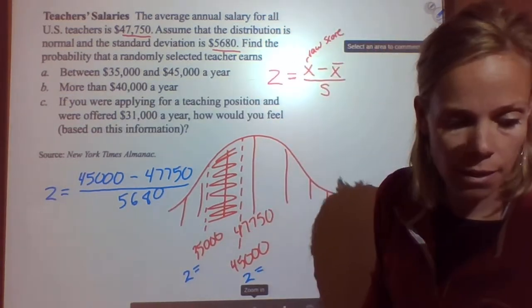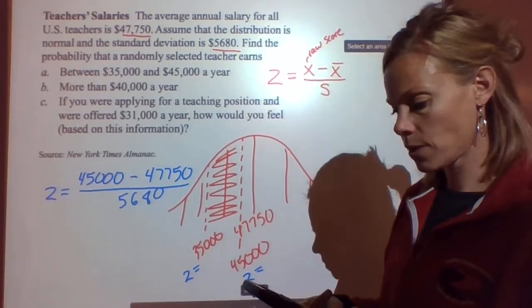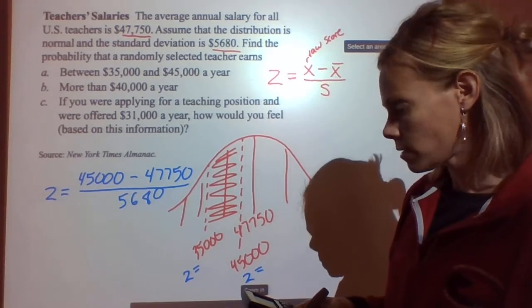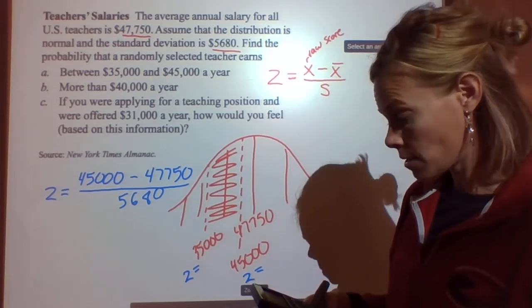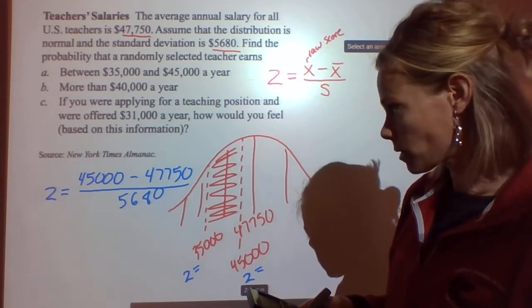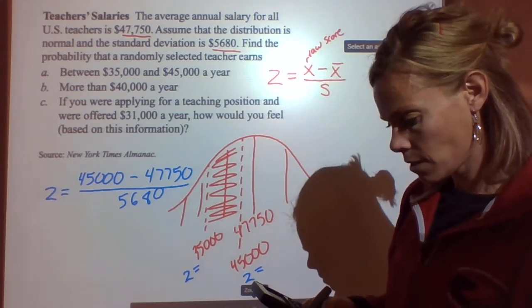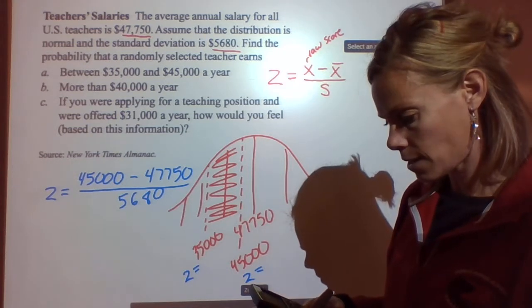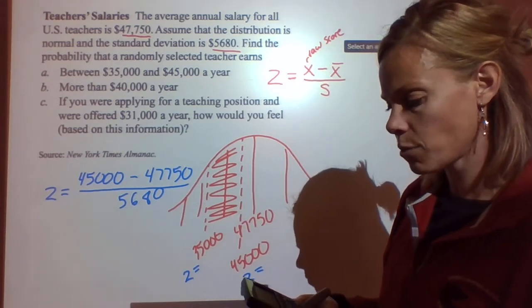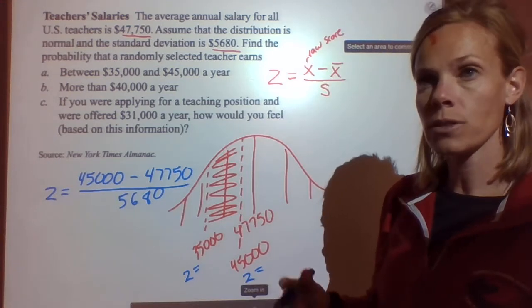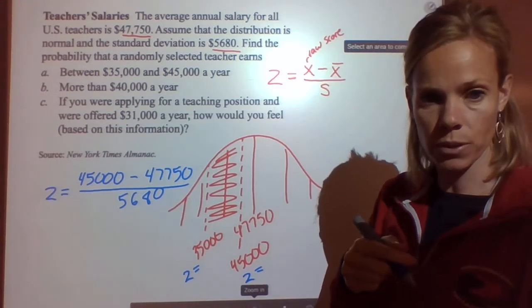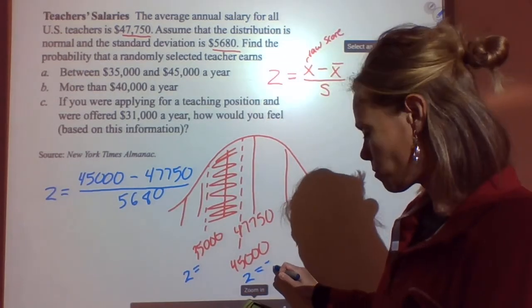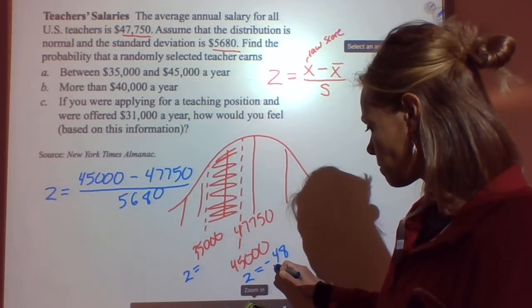The big thing here is to remember parentheses around the numerator or you'll get the wrong answer. So parentheses, 45,000 minus 47,750, close parentheses, divided by 5680. And I get negative 0.48. We round to the hundredths because the table in our book does the hundredths.